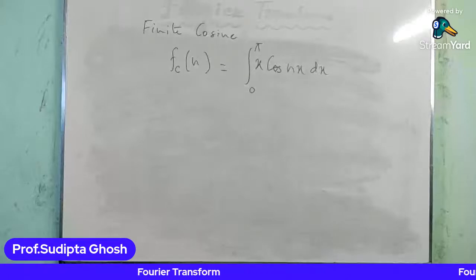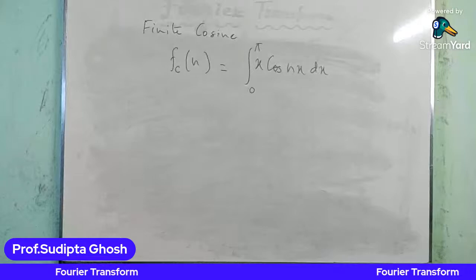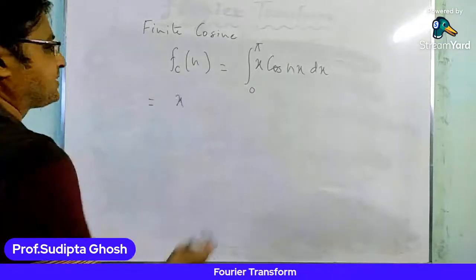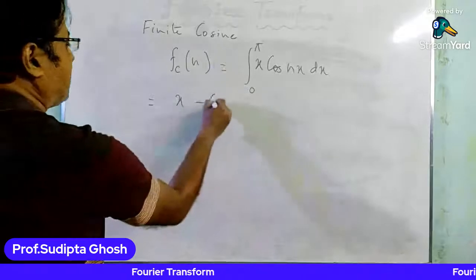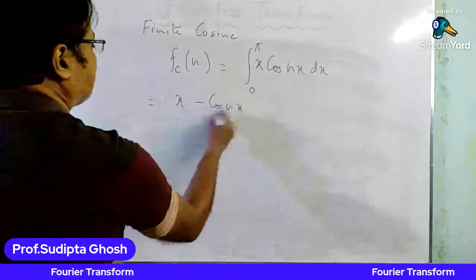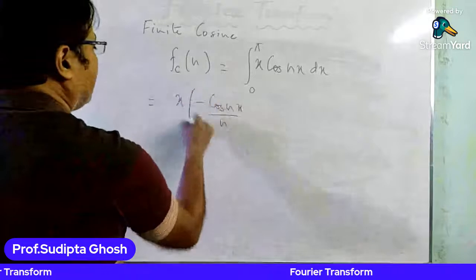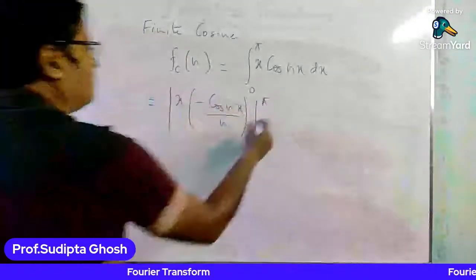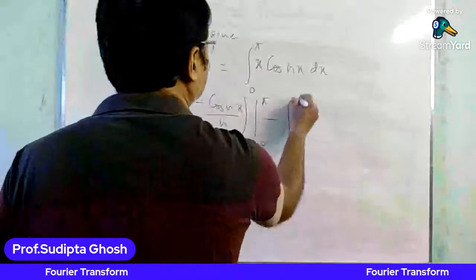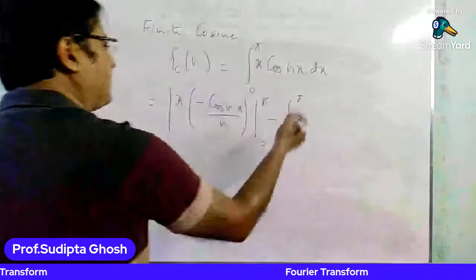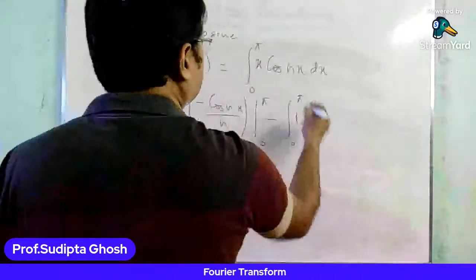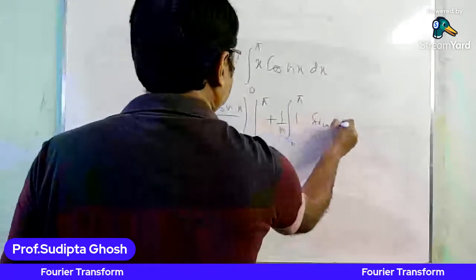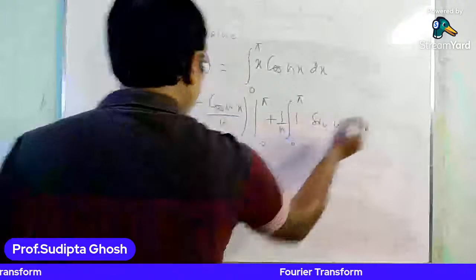Now on integrating by parts, we can write it as first function x, then integral of the second, that is minus cos nx by n, limit 0 to pi, minus integral 0 to pi, differentiation of the first, that is x, that is 1, then cos nx becomes 1 by n sine nx dx, right?